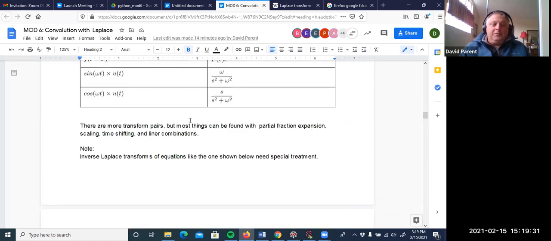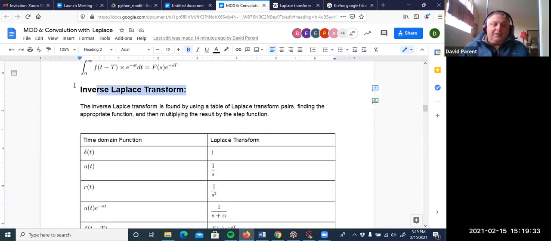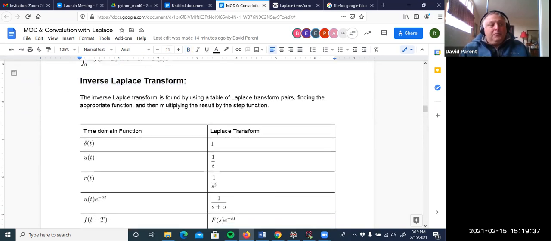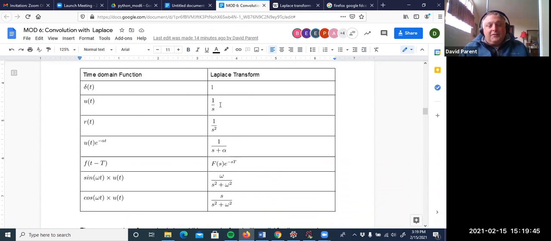And that brings us to the inverse Laplace transform, for which there is an equation. But when I use this in my work, I tend to try to find the closest thing and then modify it to go backwards.